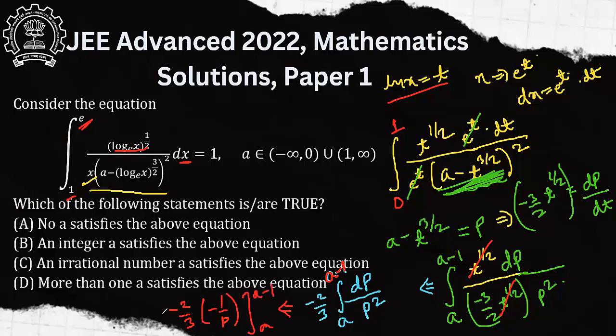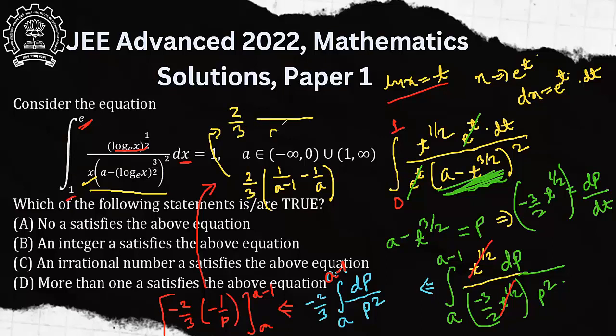Now this becomes 2 by 3. I put the limit for p, that is 1 upon a minus 1 upon a. So that is 2 by 3 into 1 upon a into a minus 1. This is the value of the integral once I have evaluated it.